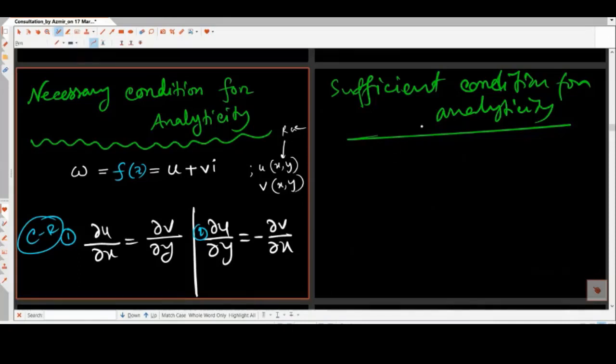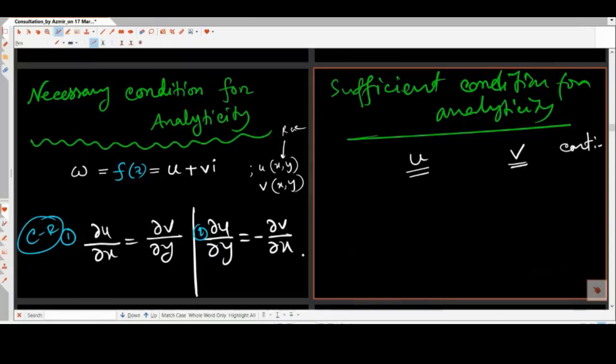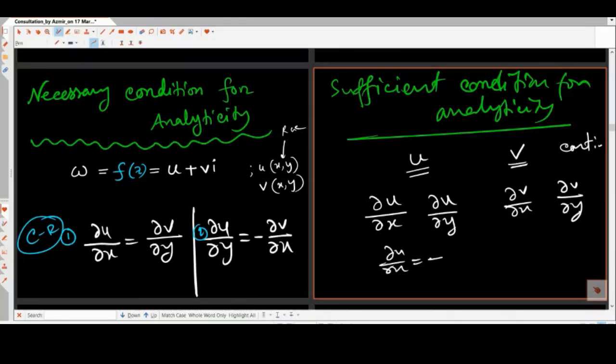Let's say we have the functions u and v, which are functions of x comma y. So u and v are continuous functions. u and v have the partial derivatives du/dx, du/dy, dv/dx, dv/dy, and they satisfy the Cauchy-Riemann equations, that is du/dx equals dv/dy, du/dy equals negative dv/dx.